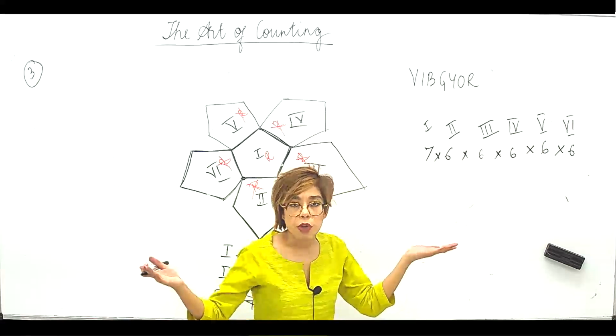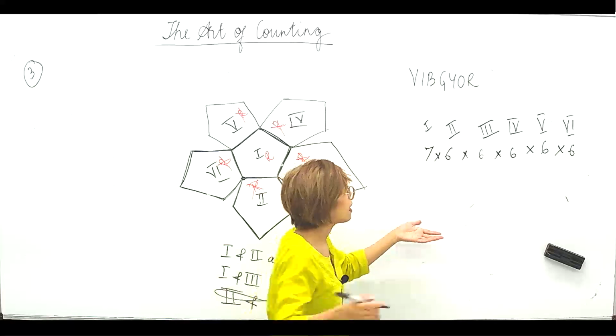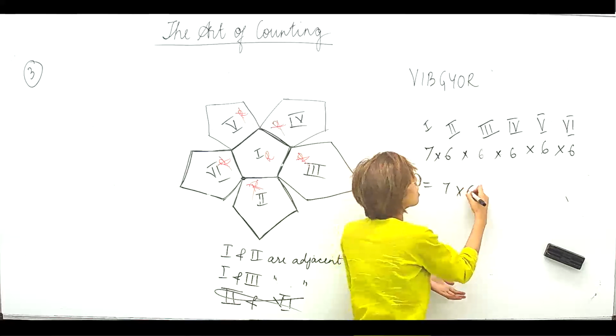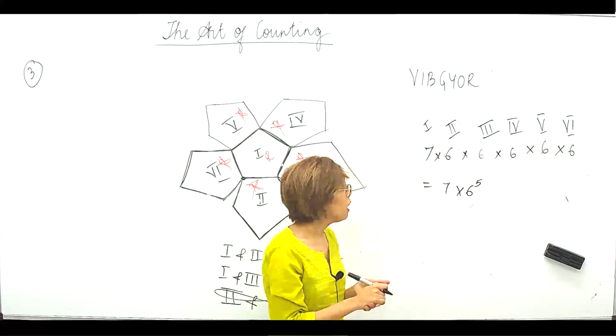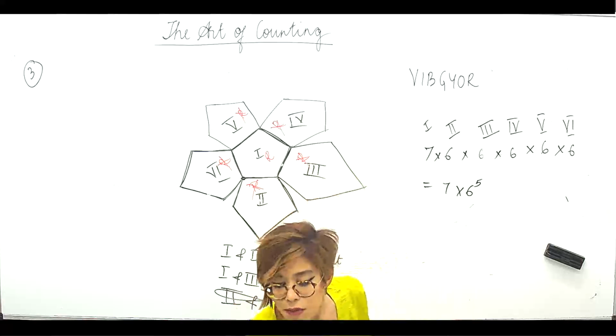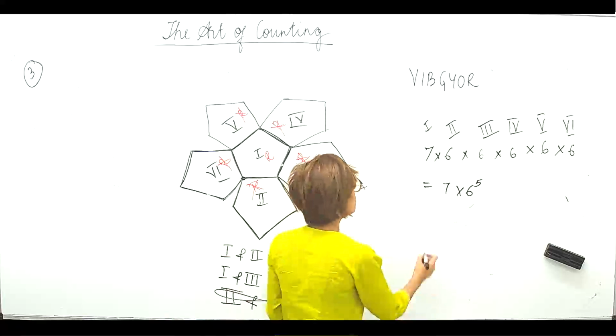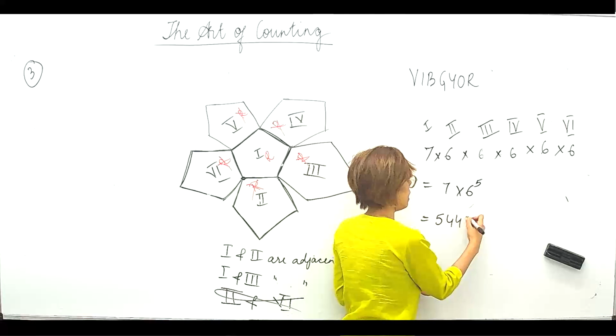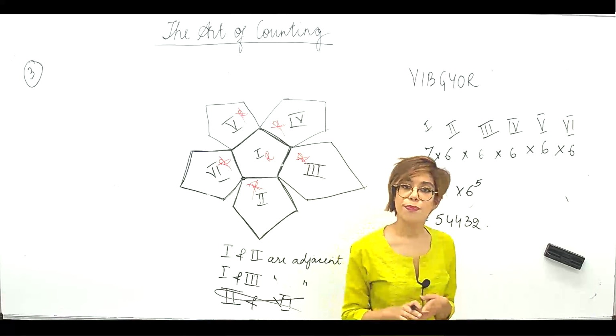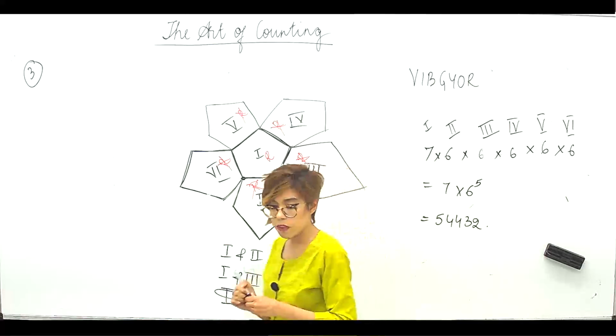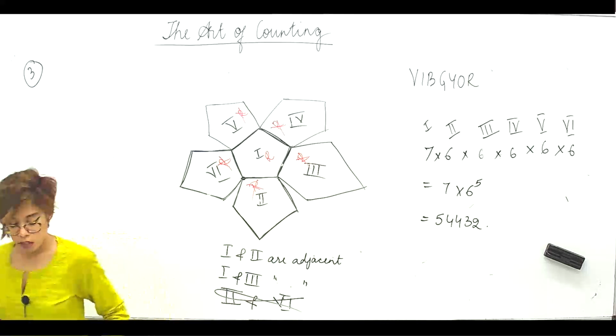So total number of ways is 7 into 6 raised to the power 5, which turns out to be 54,432. Right? Okay. So let's discuss the next one.